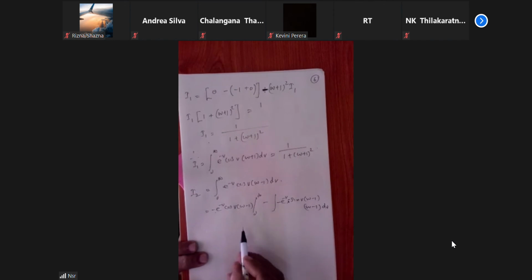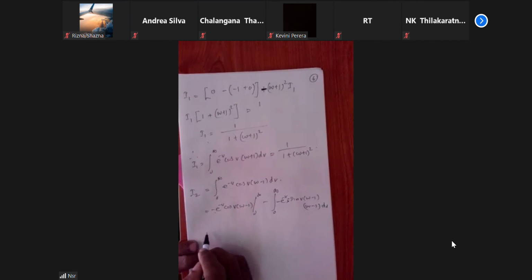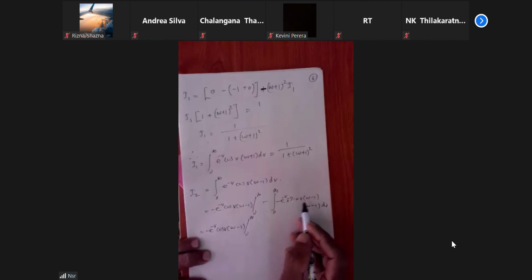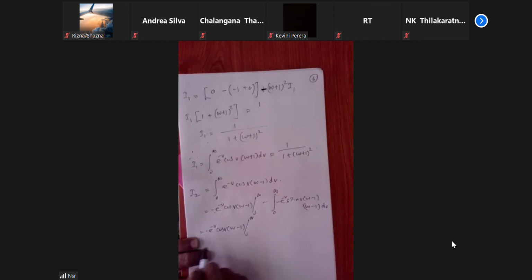Similarly, you can write this as 0 to infinity, then minus e to the power minus v cos v (omega minus 1), 0 to infinity. If you want to, you can substitute the value. I keep as is because another term we can take for the second integral function.